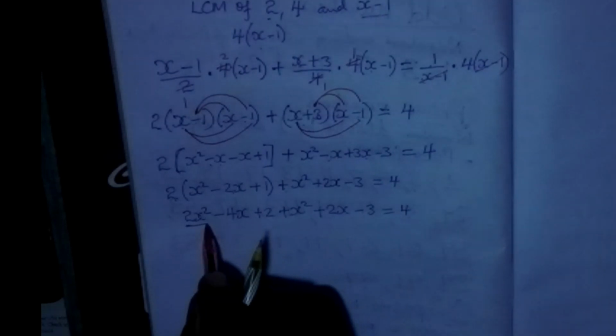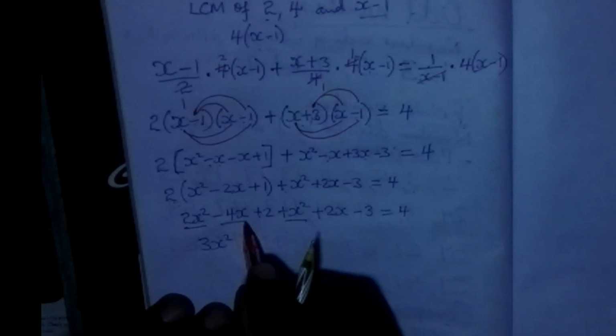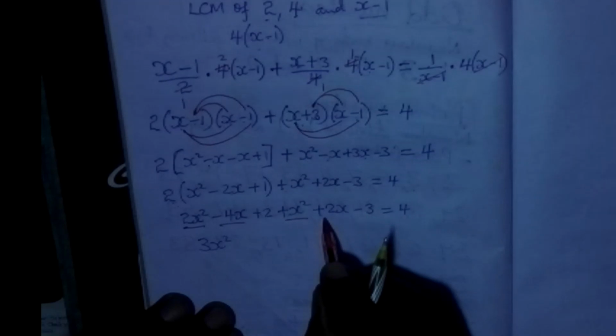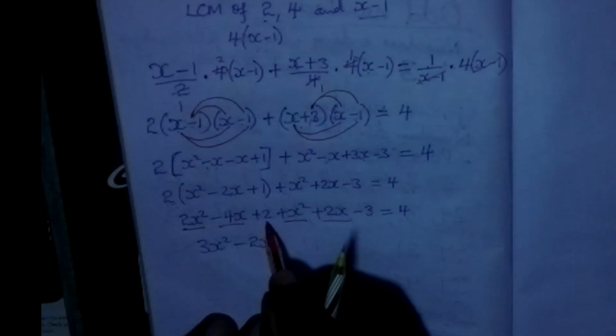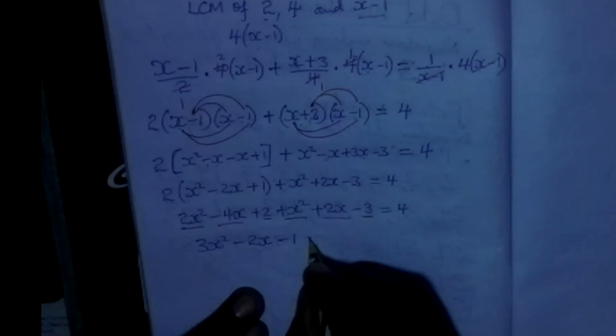Therefore, we need to collect the like terms. We have 2x squared plus x squared, we get 3x squared. Then we have minus 4x plus 2x, we get minus 2x. Then we have 2 minus 3, we get minus 1, equal to 4.